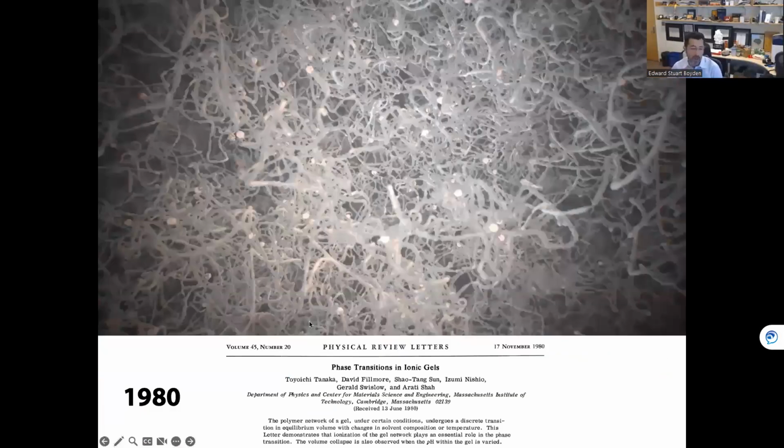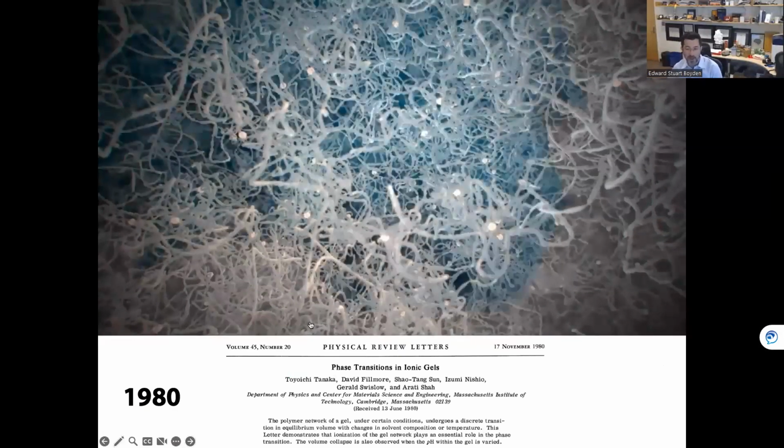So how does this really work, and what are the steps really like? Like all technologies, it owes a debt to earlier approaches. In 1980, a physicist at MIT named Toyoichi Tanaka was working out the phase transition-like physics of ionic gels. These are hydrogels with highly charged polymer backbones. This cartoon illustrates the kind of thing that he studied.